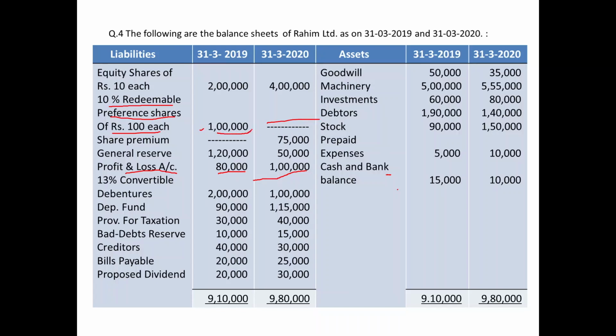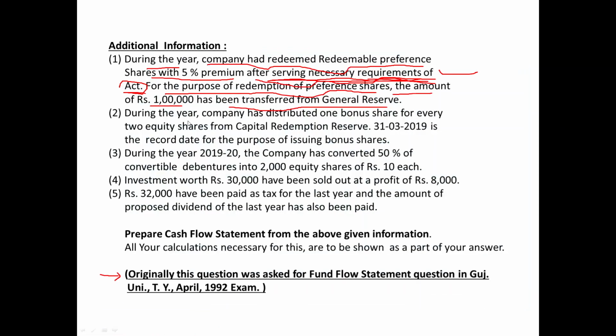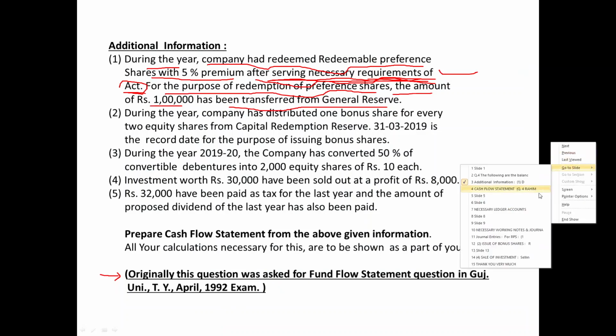It means entire balance of preference share capital has been redeemed in the current year. Entire balance of rupees 1 lakh, and this redemption has been made with a 5% premium as said in additional information point number 1. So let us start the working note.